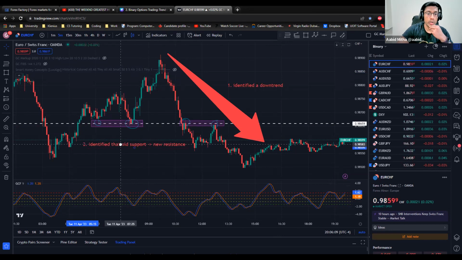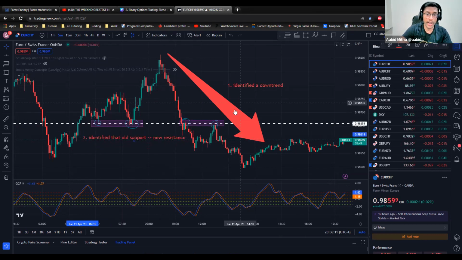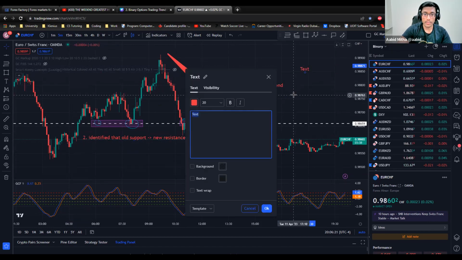So those are the two concepts that we have identified from this chart itself. Now, what we also agreed on is on a downtrend, we want to look for sells. So we'll just make a note of that. We are looking for sells.